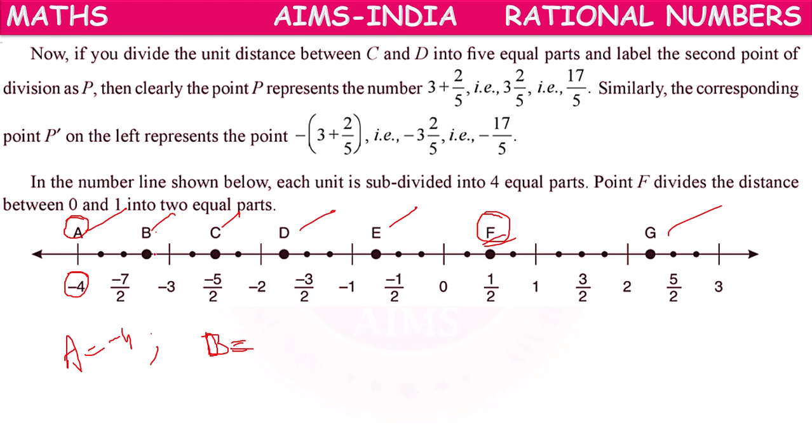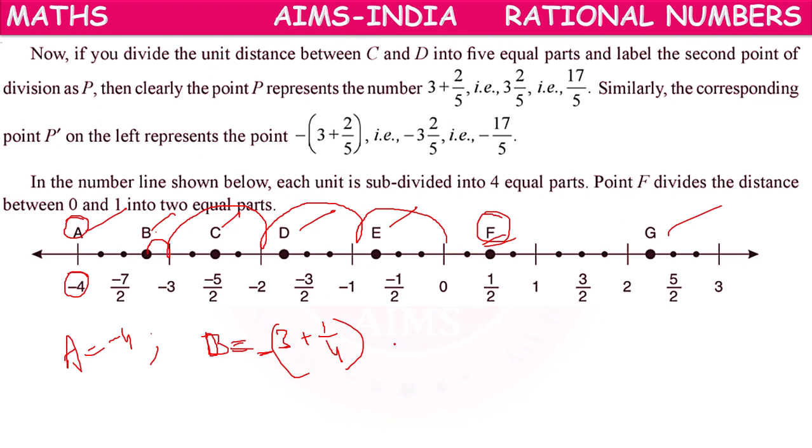B means 0 to 1, one complete unit, second complete unit, third complete unit. After that, 1 by 4th part, because out of 4 parts, B is the first part. So after doing 3 jumps, 1 by 4th part on the left side, that is minus.